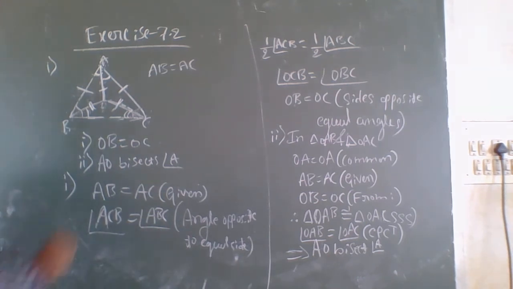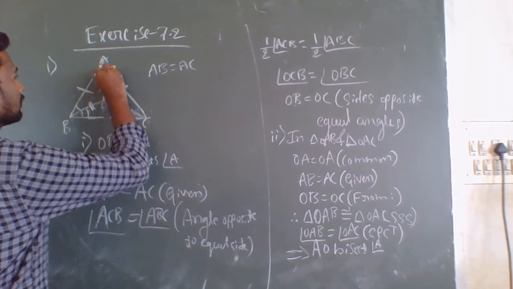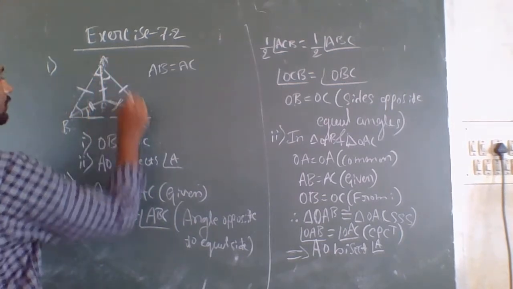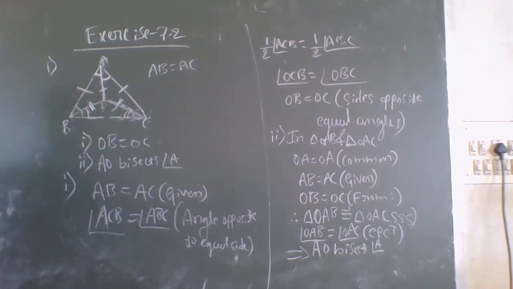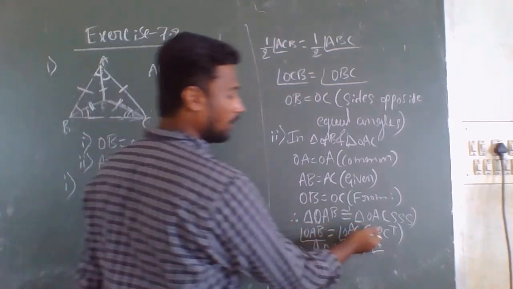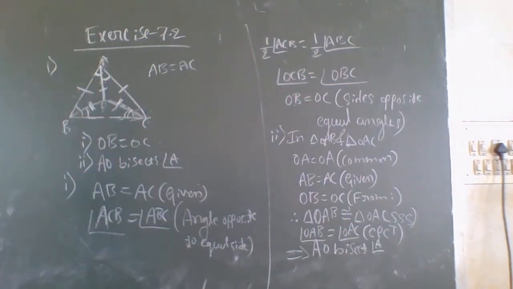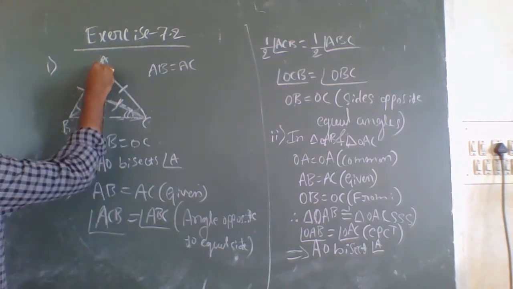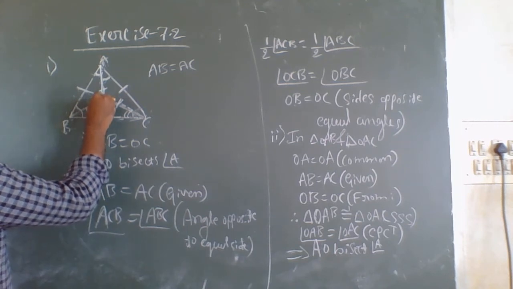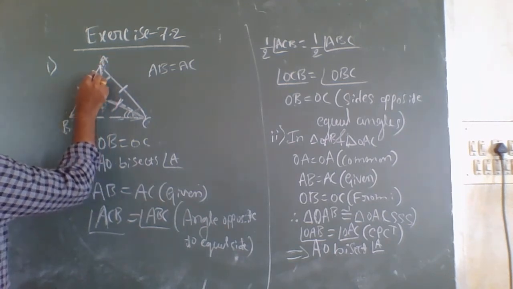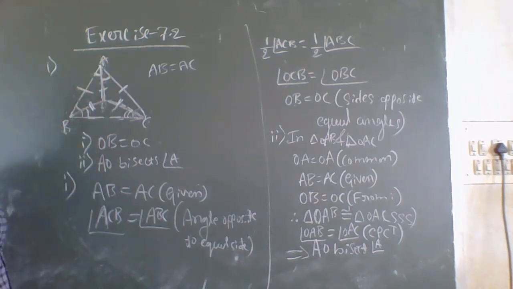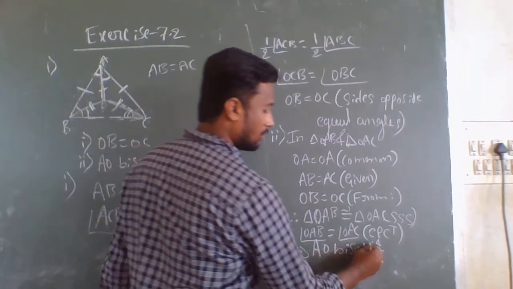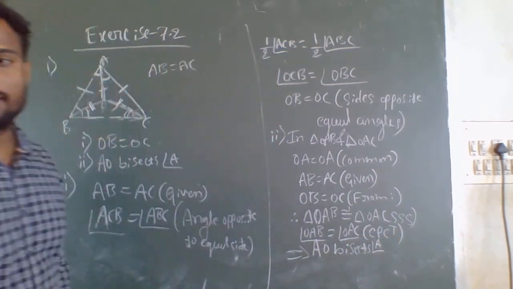Then angle OAB is equal to angle OAC by CPCT, corresponding parts of congruent triangles. If these two angles are equal, then this line AO bisects angle A. Therefore, AO bisects angle A.